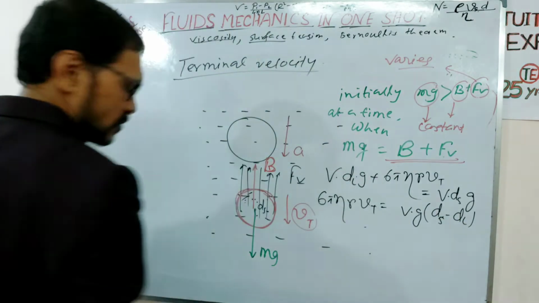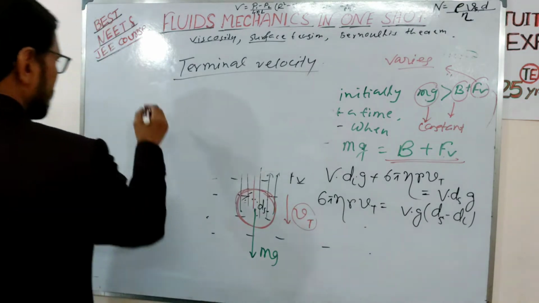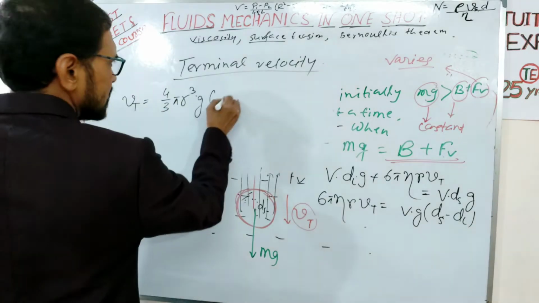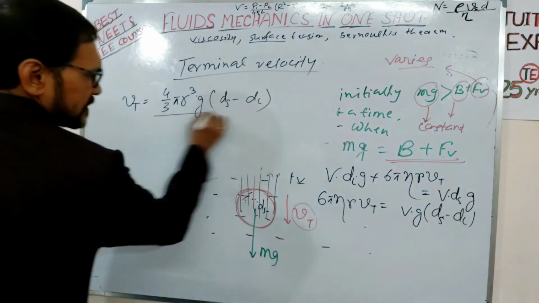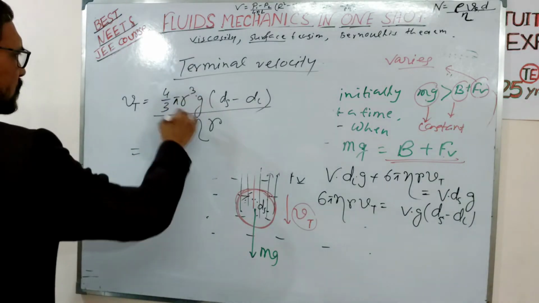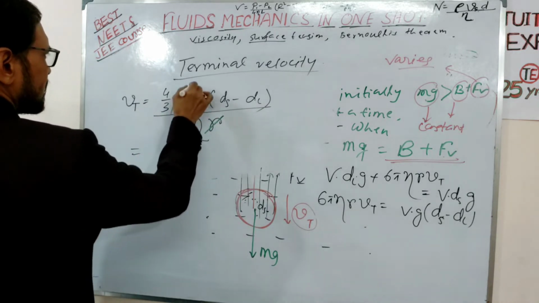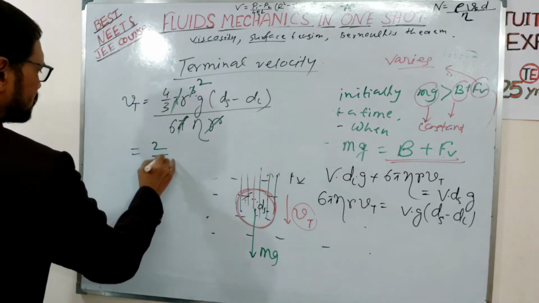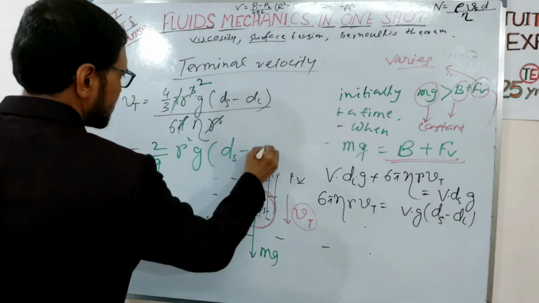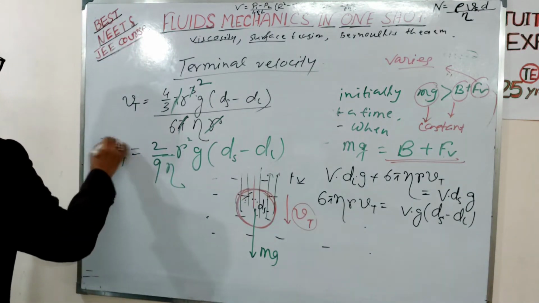So vt equals pi r cube (ds minus dl) by 6 pi eta r. If we simplify this, it becomes 2 by 9 r square g (ds minus dl) by eta. So the formula of terminal velocity is this.